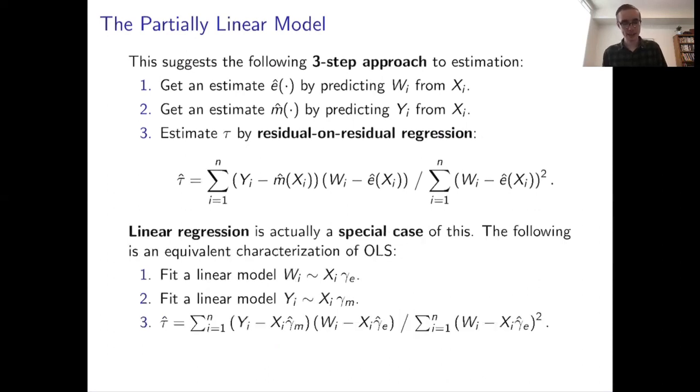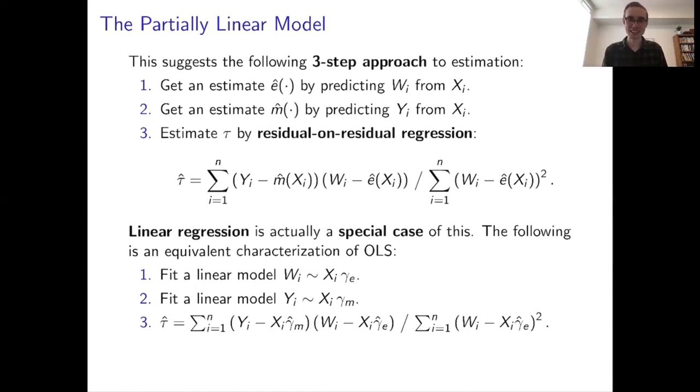A last thing, this is an aside, but just to connect some dots. If you think this way of estimating a constant treatment effect is a little bit strange or unusual, I want to try to convince you that it's not.